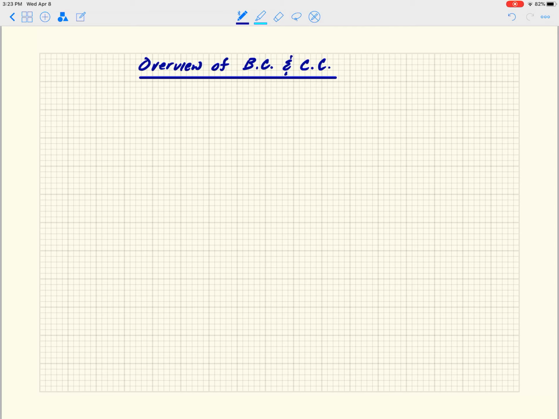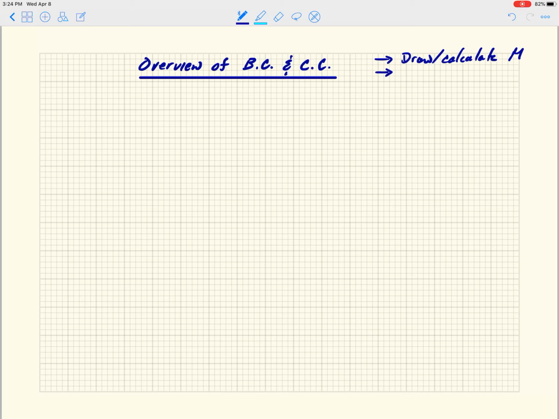Step one, we want to draw and calculate the moment diagrams, right?